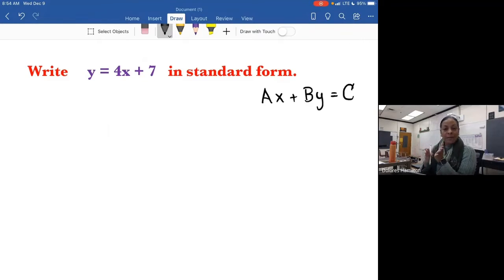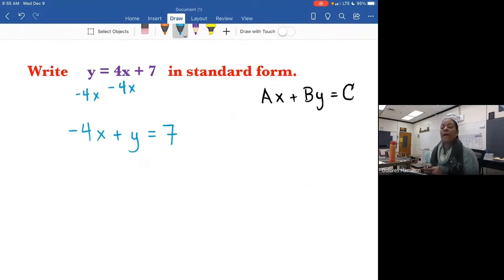We want x and y on one side, we want our constant on the other, and we want a to be a positive value. So for starters, let's try moving that 4x term over to the other side. So if we subtracted 4x from both sides, we have -4x plus y equals 7. Notice that I was mindful about putting my x term before my y term, because that's how it looks in standard form. X plus the y.